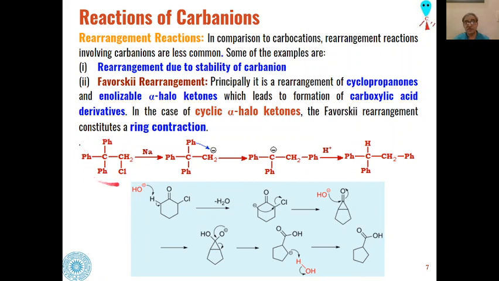For example, if we are having say this substrate, and if we react this substrate with sodium metal, we know that because of the presence of these three phenyl groups, the electron density will be attracted towards this, and this carbanion formed will be a very stable carbanion, and this is a primary carbanion, and with 1,2-phenyl shift this will be converted into a tertiary carbanion, and we know that the tertiary carbanion is much more stable than the primary carbanion, and because of the stability of the carbanion, this rearrangement has taken place, and then this will interact with H ions and we will get this type of product, which is not a normal product but a rearranged product.